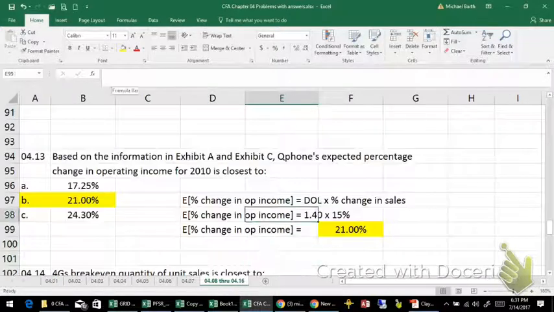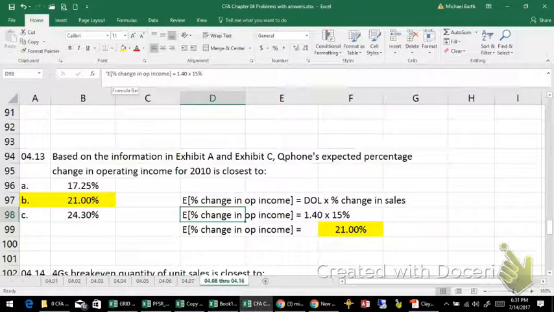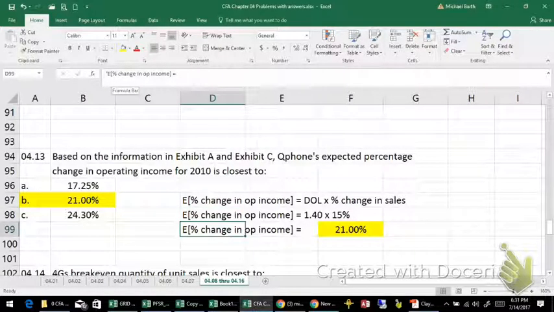To get the expected percent change in operating income, or EBIT, it's the degree of operating leverage times the percent change in unit sales. So the 1.4 degree of operating leverage times the 15% projected percent change in sales gives you a 21% change in operating income.